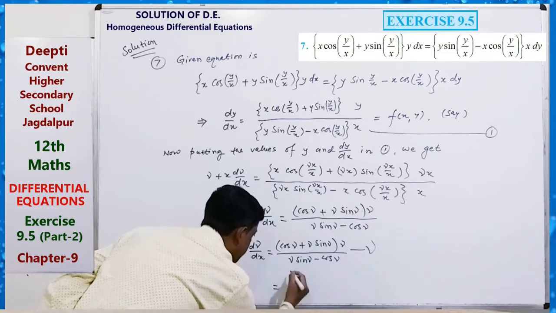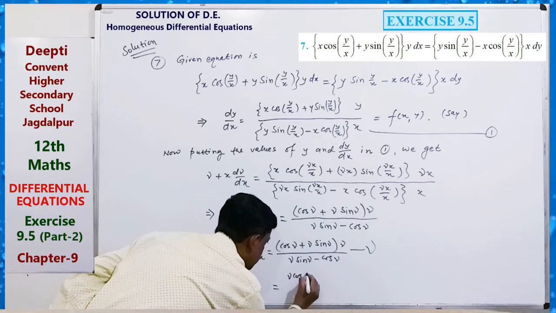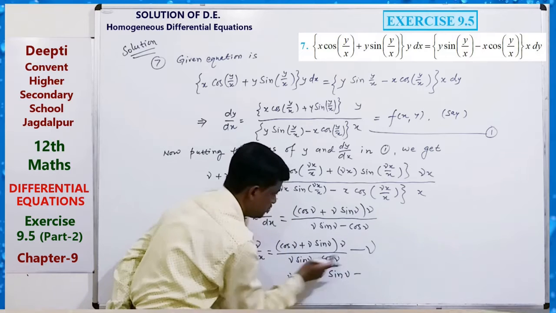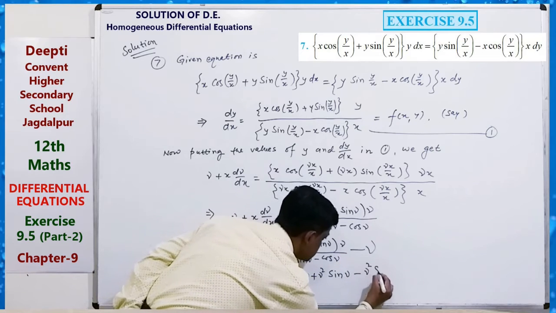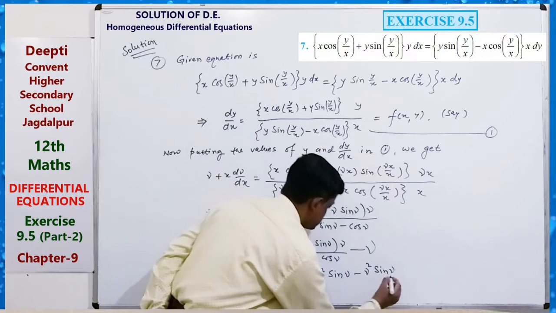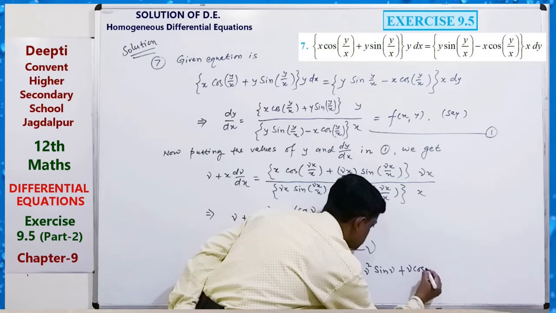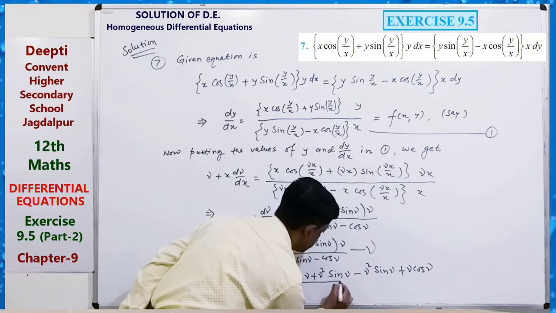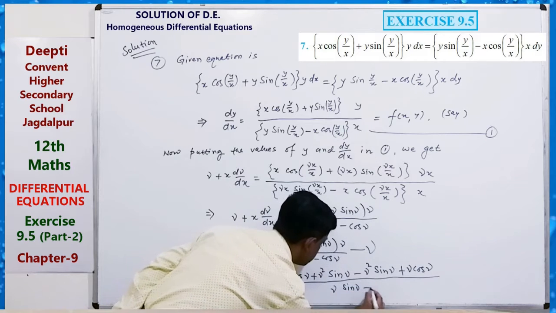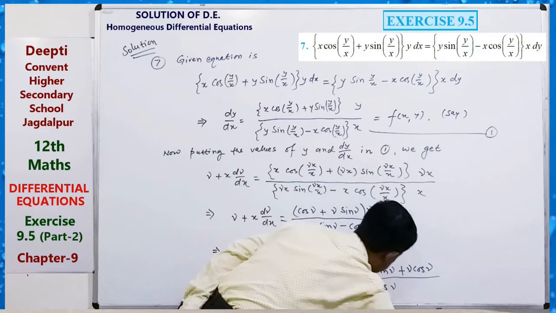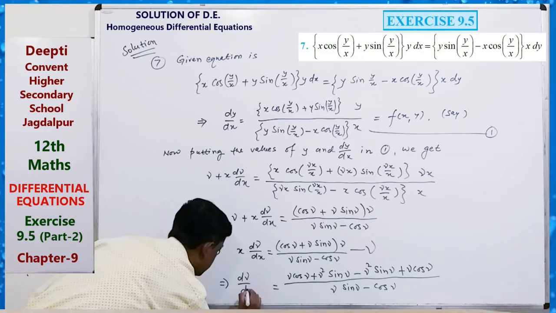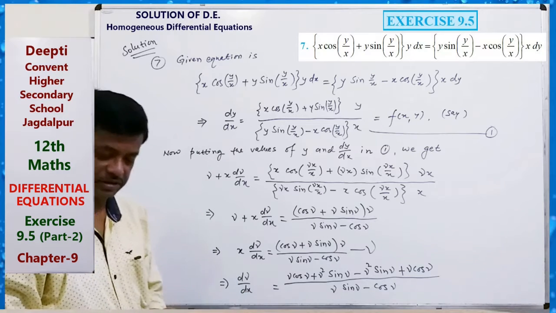Multiplying, v cos v plus v square sin v minus v square sin v plus v cos v, upon v sin v minus cos v. Now we have to solve it.